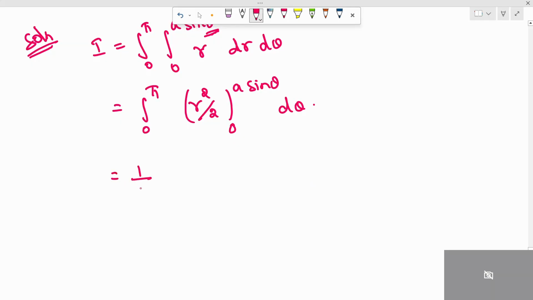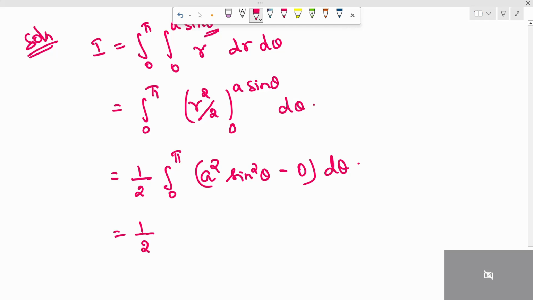Here 1 by 2 constant take outside and then apply upper limit value a sin theta in r, which is a square sin square theta, minus apply lower limit value 0, which is 0 only, d theta. 1 by 2, here a square constant take outside, a square into integral 0 to pi sin square theta d theta.